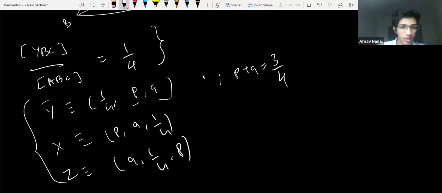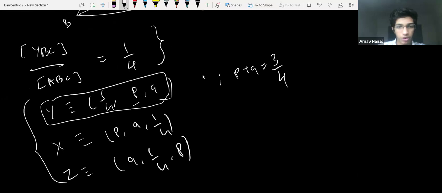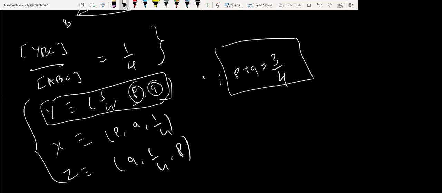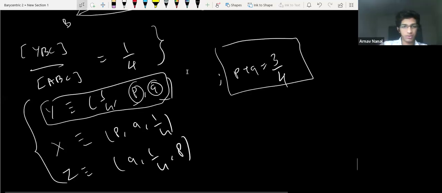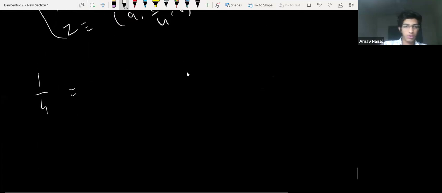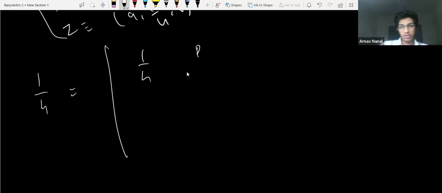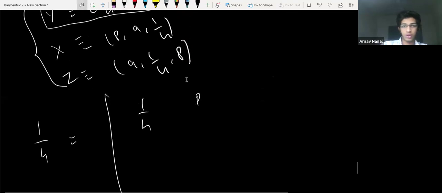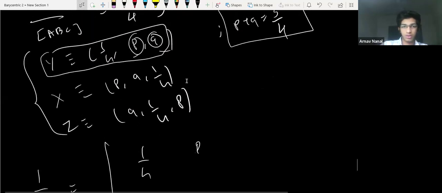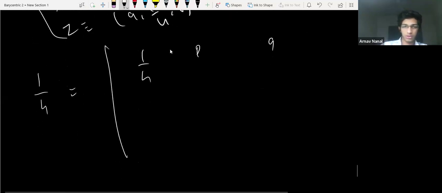So these are basically the coordinates of Y. You know 1 by 4, p and q I don't know for now, but I know this relation: p plus q plus 1 by 4 equals 1. Okay, yes. So now you just solve this determinant or something. What is this? 1 by 4, p, q, and okay, cyclic coordinates.